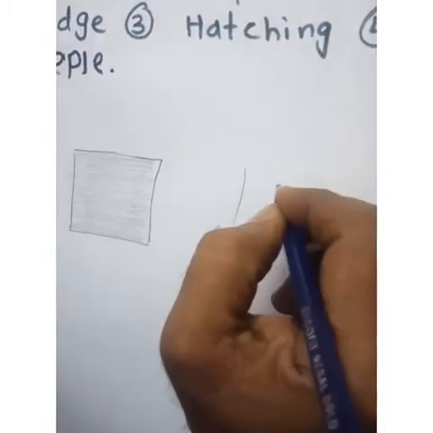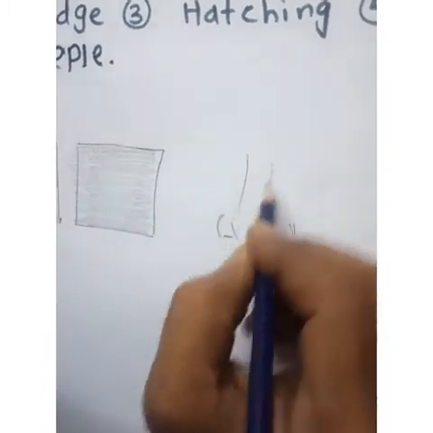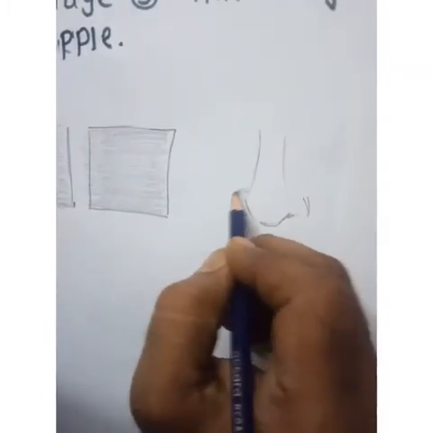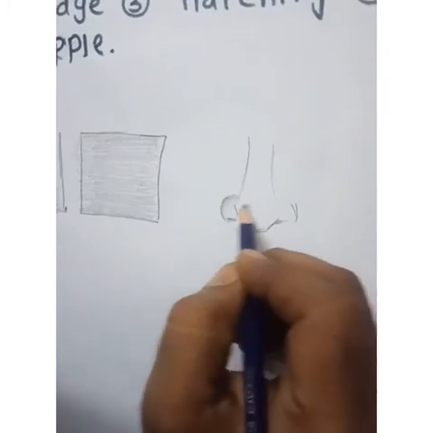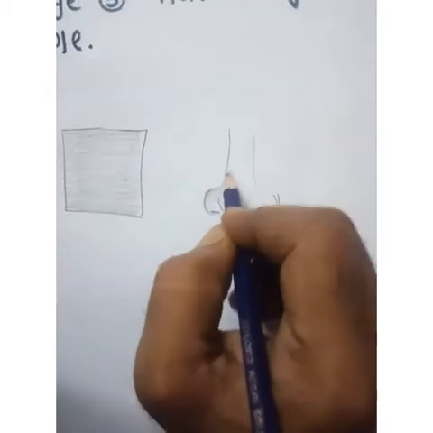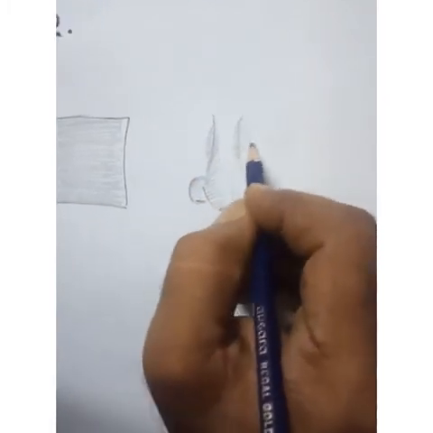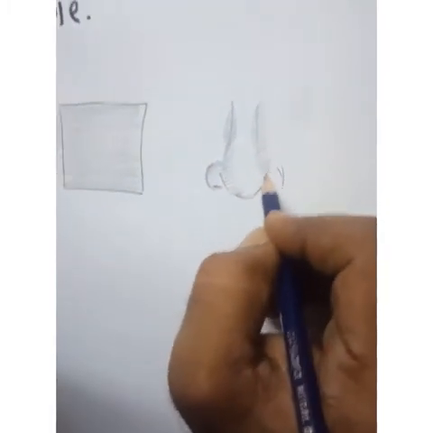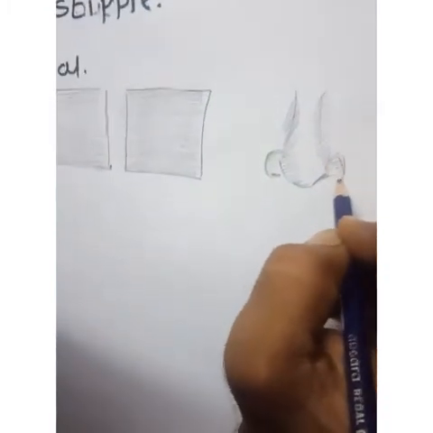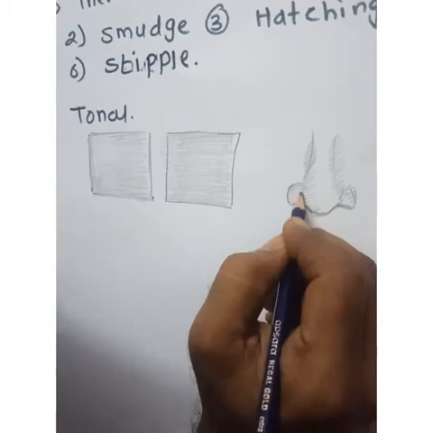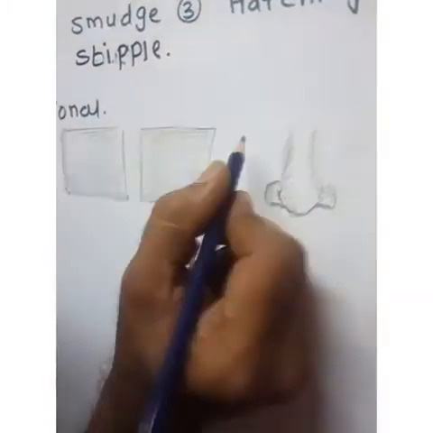We are going to shade this nose. A simple way we are going to move our hand, in one direction, in this way. Simple one. This is the tonal shading.